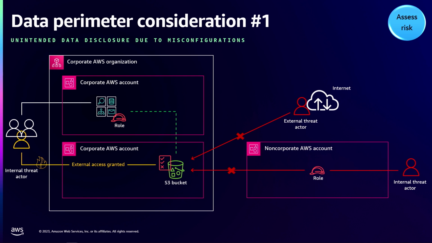So now, potentially, an external identity can access your bucket. For some of you, risks associated with this configuration mistake is well above your risk tolerance. And if no other compensating controls are present, then you can use data perimeter controls to reduce that risk by preventing access by external identities, even if this type of misconfiguration happens.